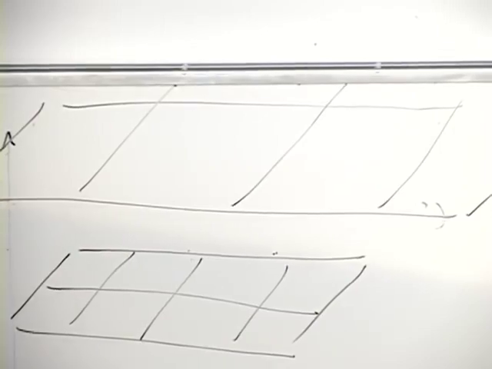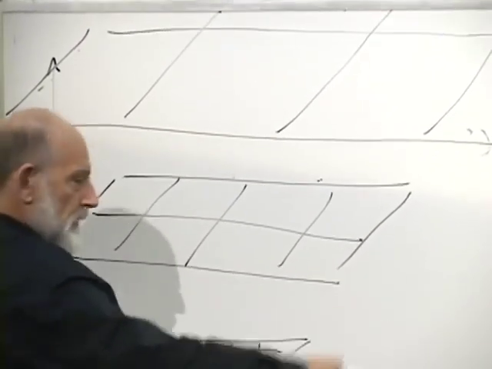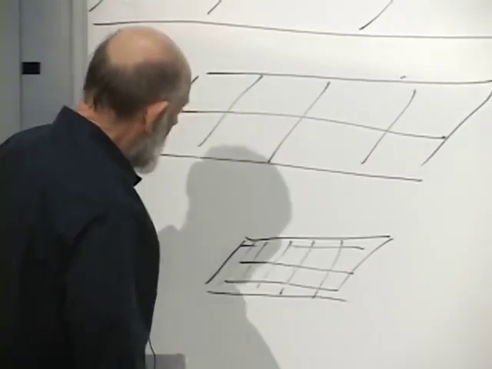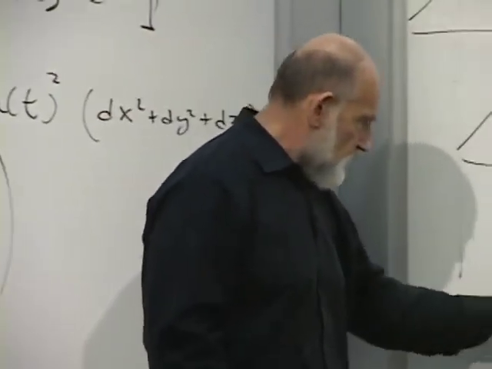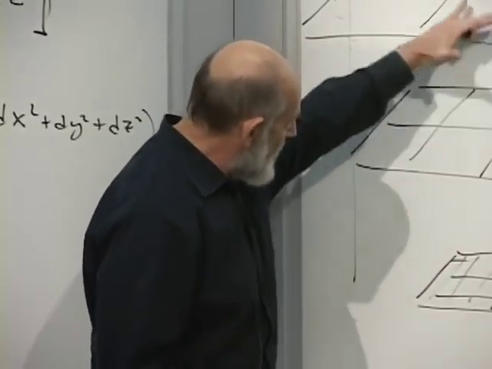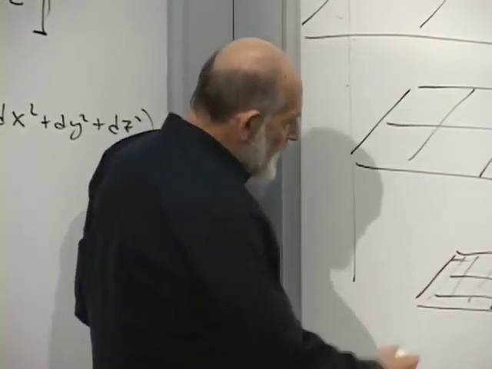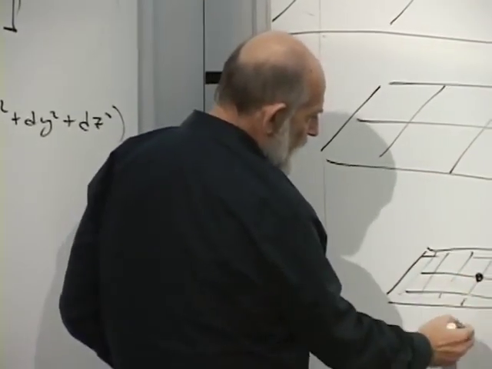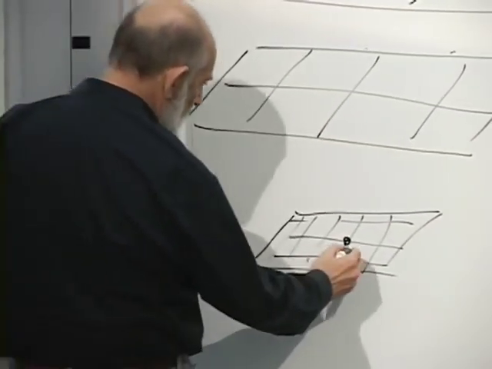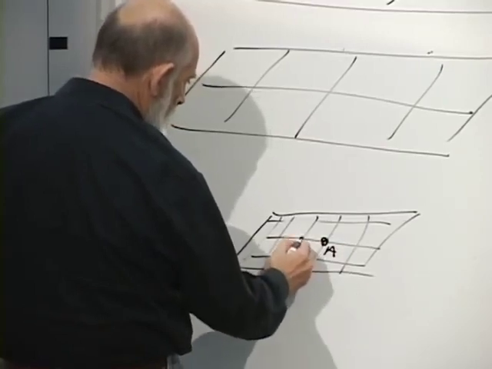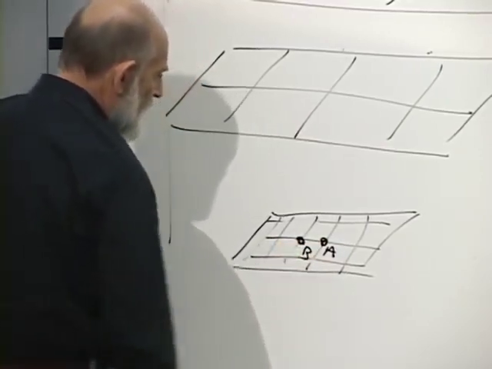As time goes on, the sheet of rubber is expanding. And so the actual distance measured in meters, or centimeters, or whatever it's measured in, is expanding as time goes on. But this is Alice's galaxy over here. This is Bob's galaxy over here.